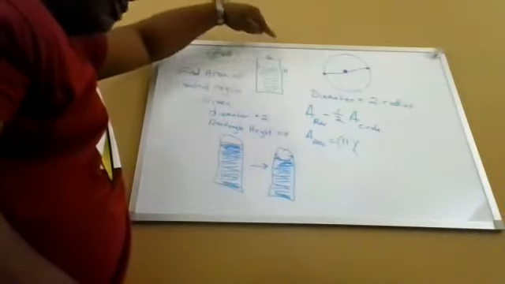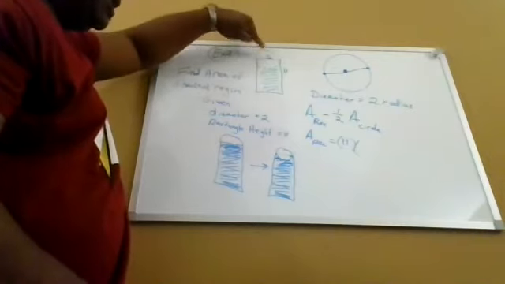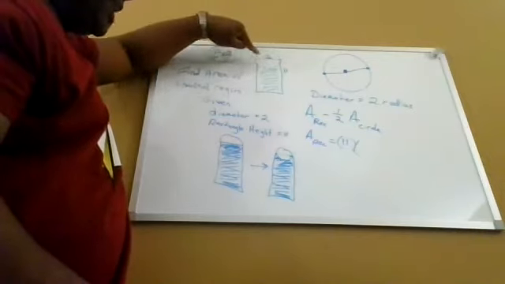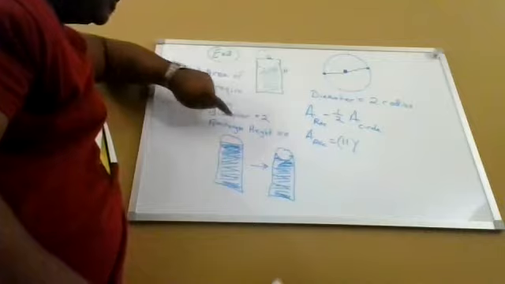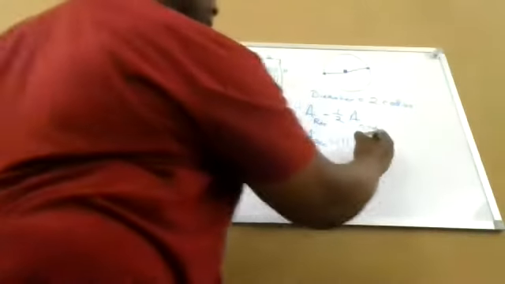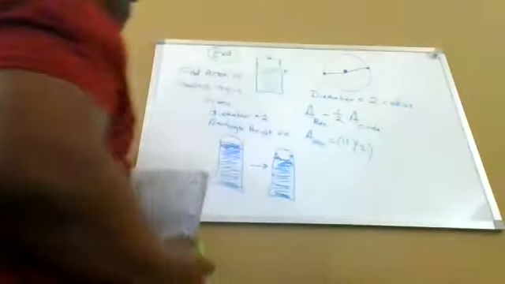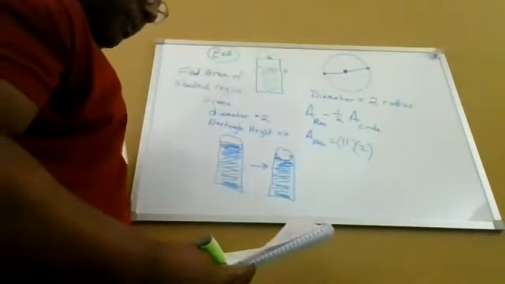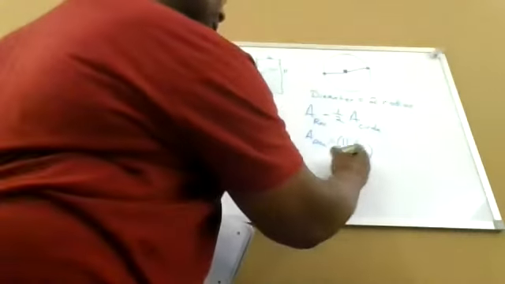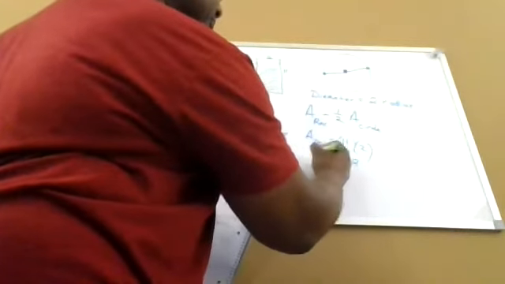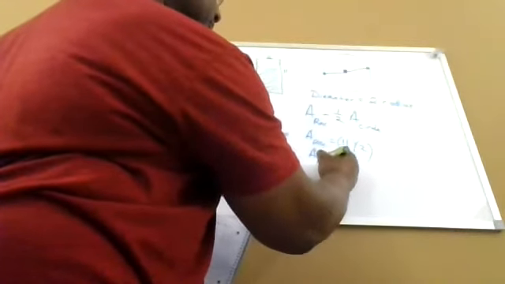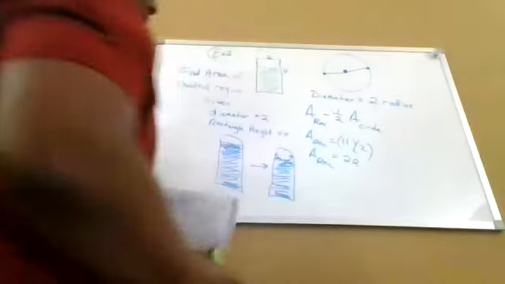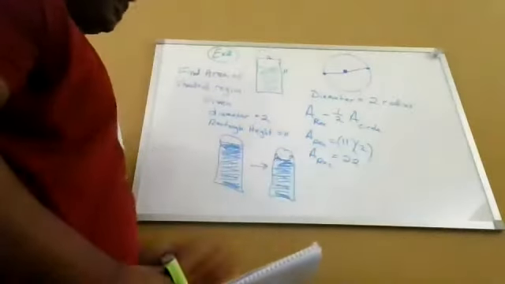Because the width of the rectangle in this particular figure is the same as the diameter of the circle. And then 11 times 2 equals 22. And that's the area of my rectangle.